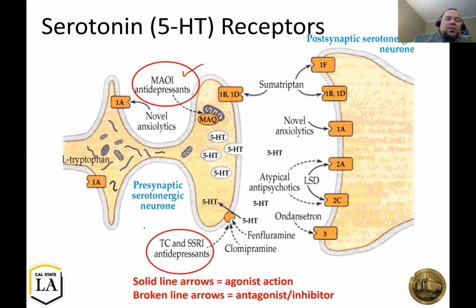The tricyclics and the SSRIs, antidepressants, basically block the reuptake of serotonin back into the presynaptic synapse, so it hangs around longer. That's the mechanism of those drugs. It's important to know the mechanism of the drugs as well.